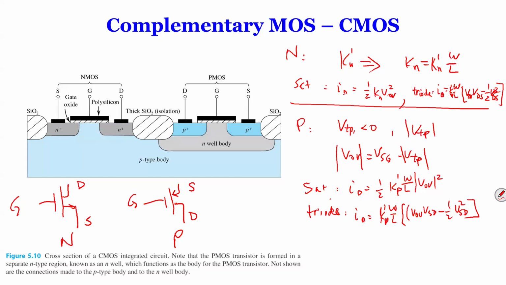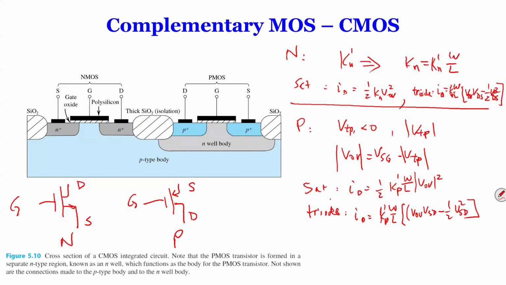So VGS has to be high enough to have current. That's why you need VGS larger than VT in this case. We're going to have tables in the future to summarize during almost every lecture.